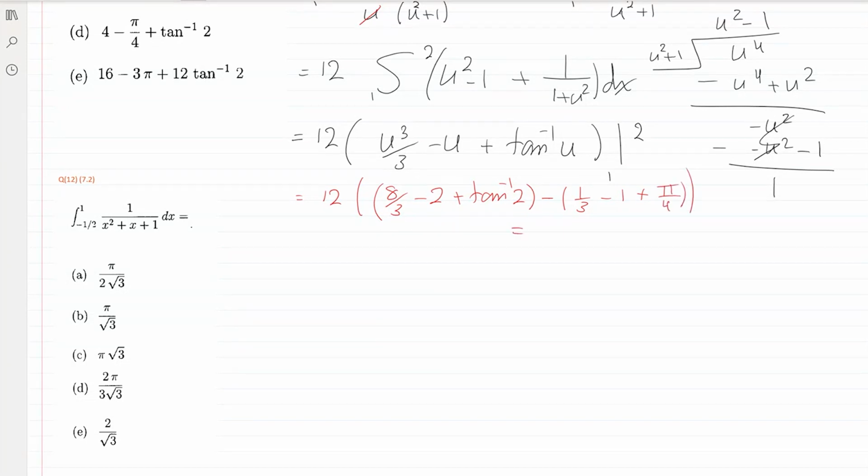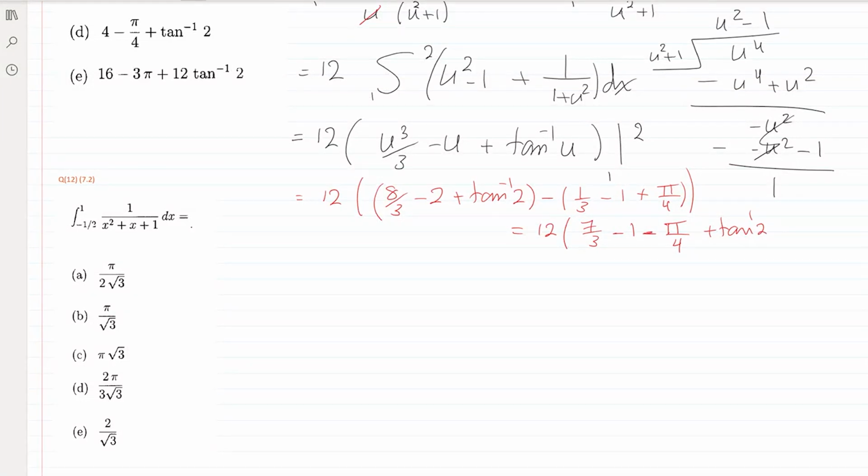So it will be 12 times 8 over 3 minus 1 over 3, which is 7 over 3, right? Minus 2 minus 1 plus 1: minus 2 plus 1, it will be minus 1. Minus pi over 4, plus tan inverse of 2.